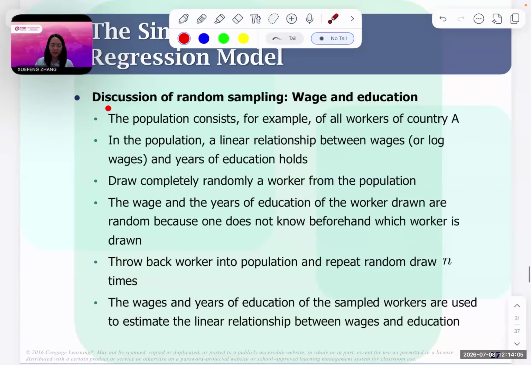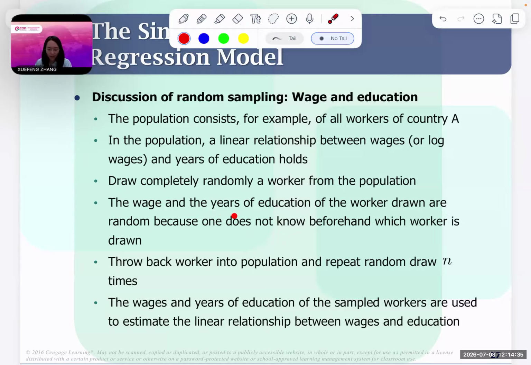Let's have a discussion of random sampling. Suppose we want to find the relationship between wage and education. So the population consists, for example, of all workers of country A. In the population, a linear relationship between wage or log wages and years of education holds. And then we're going to draw completely randomly a worker from the population.